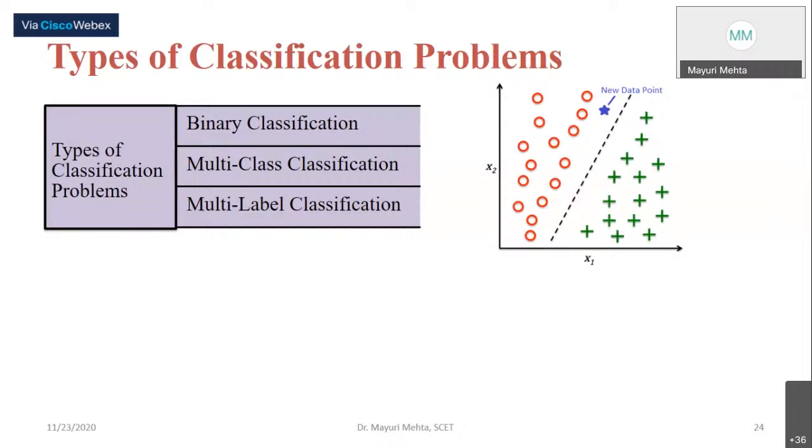Let us now see a representative example to understand binary classification, which is very common for a majority of problems. Suppose there are two classes, circles and crosses, and there are two features, x1 and x2.